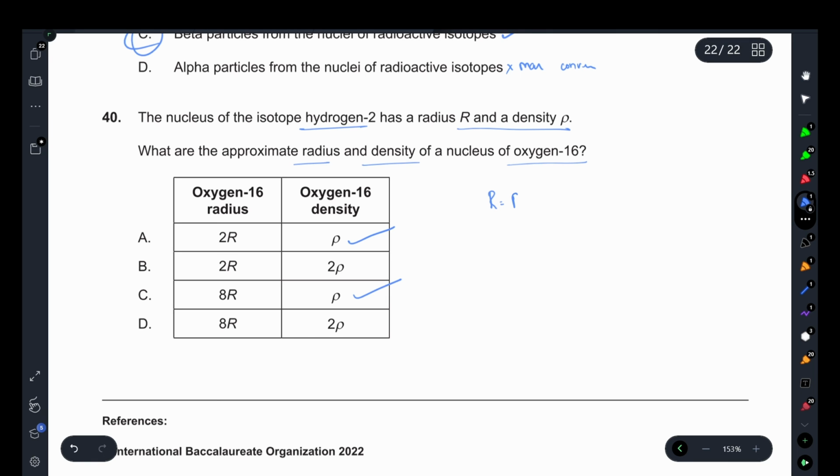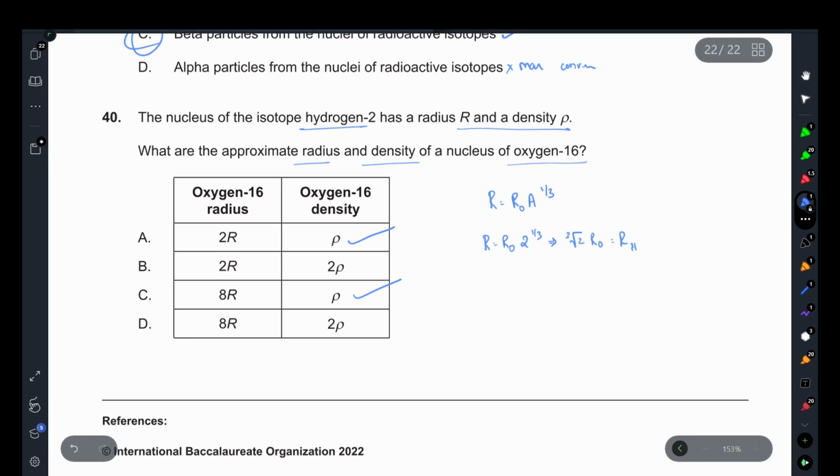R is equal to R naught A to the power 1 by 3 to find the answer. So let's write it out for hydrogen 2. For hydrogen 2, R is equal to R naught 2 to the power 1 by 3, cube root of 2 times R naught is equal to R H.